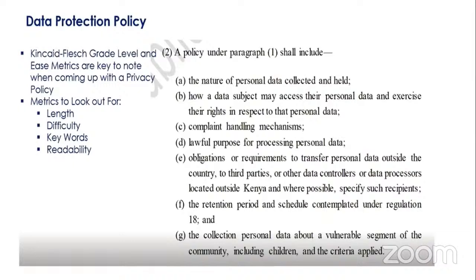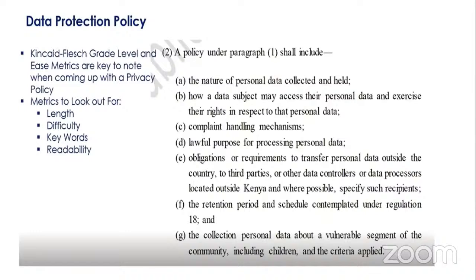This policy should stipulate very well how you handle data within the organization. It should cover the nature of the personal data collected and held, and how data subjects may access their personal data and exercise their rights. Those are some of the things you need to include in your policy.